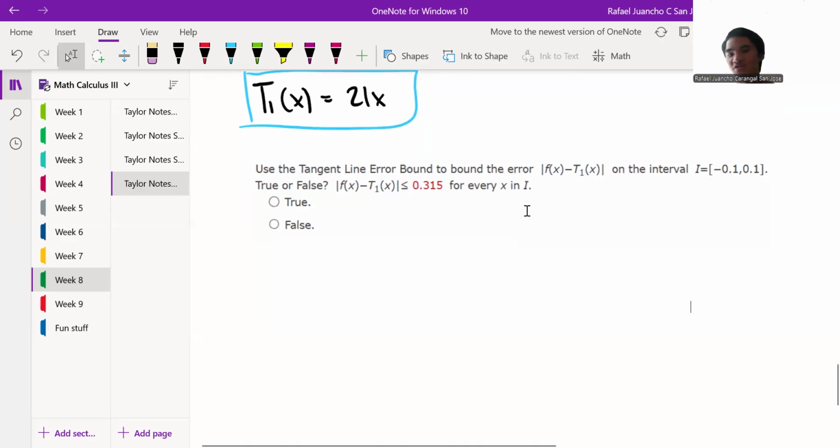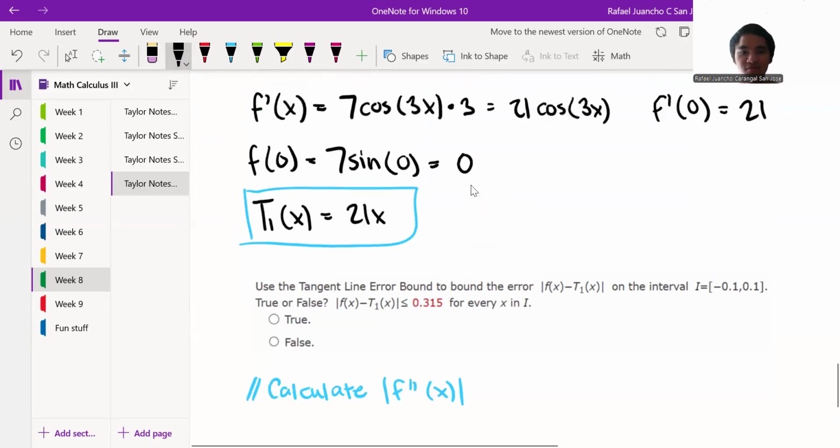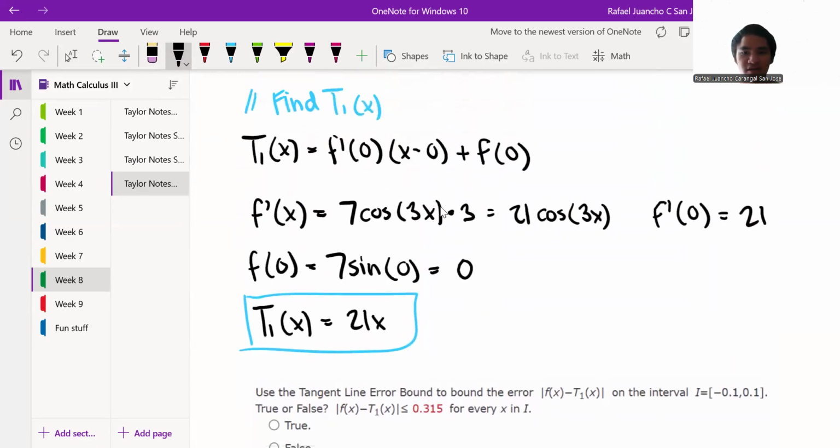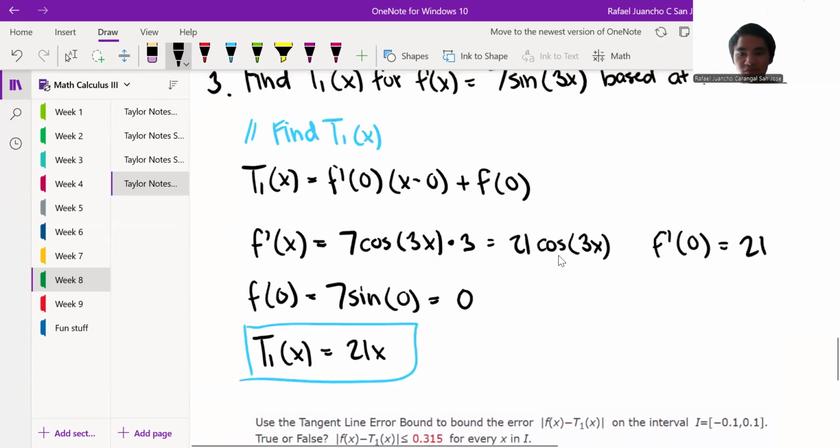So we basically just try to do the same thing that we did earlier. We calculate the second derivative and we take its absolute value. So calculating the second derivative, well, this one is 21, so we do a subtraction: minus 21 sine 3x.